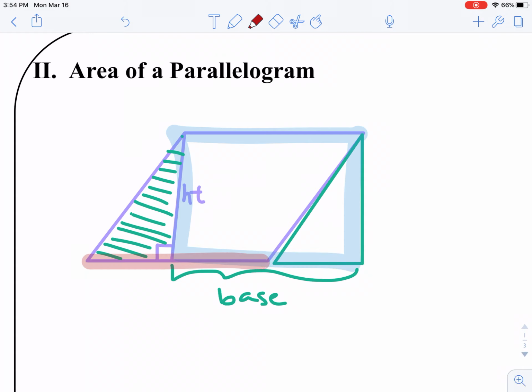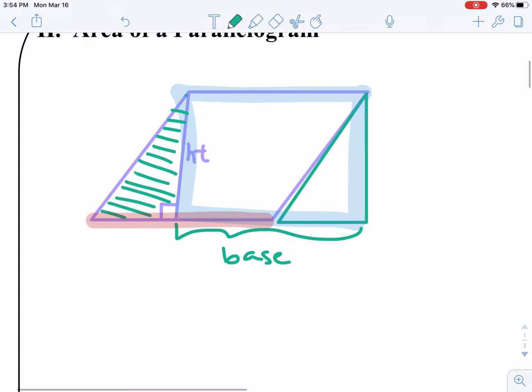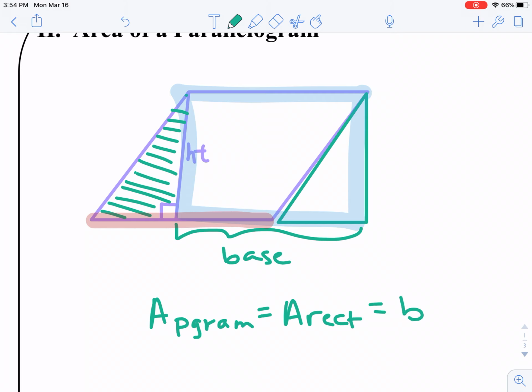We just moved that length of the bottom of the triangle over. So when we come up with the area of a parallelogram, we are looking at the area of a rectangle, really, which is the base times the height.